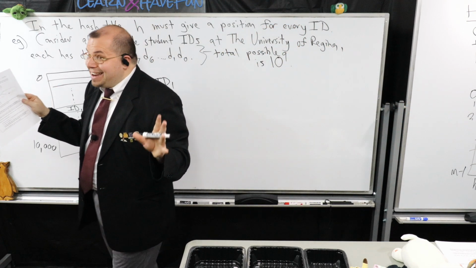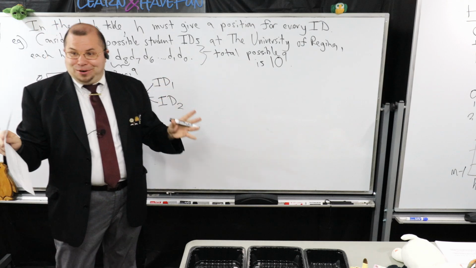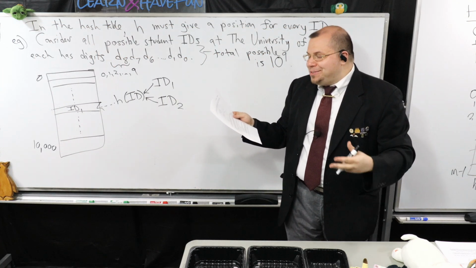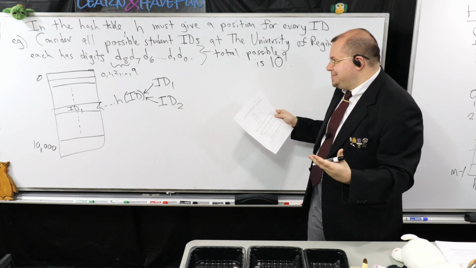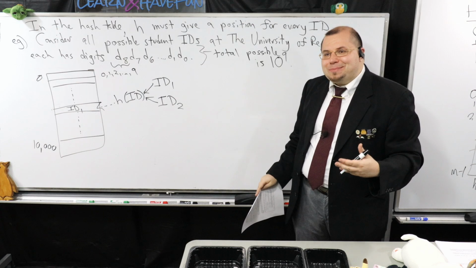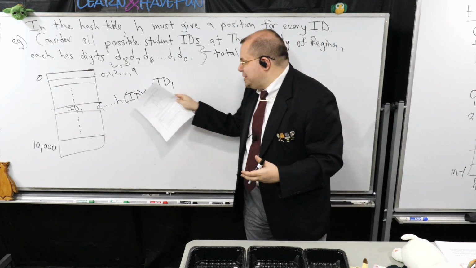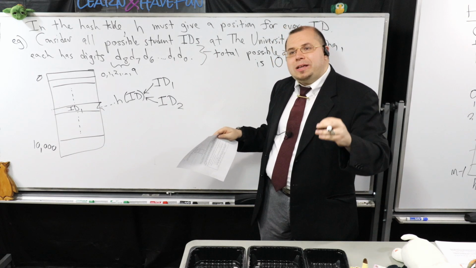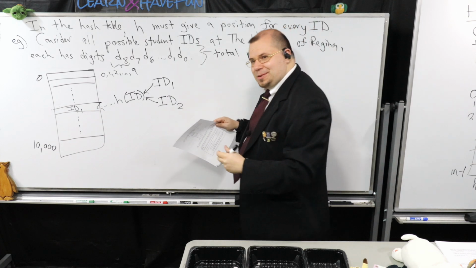That is the ultimate question we're going to run into. I want to put ID 2 into this table, but my hash function would put it in the same exact spot. This is what we call a collision.